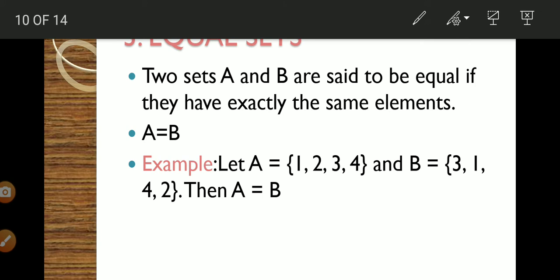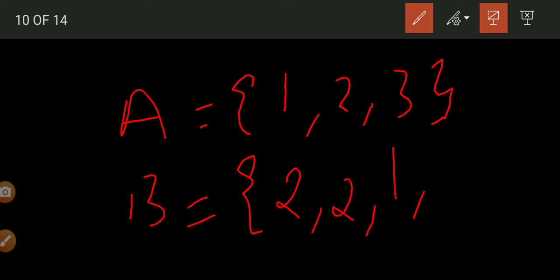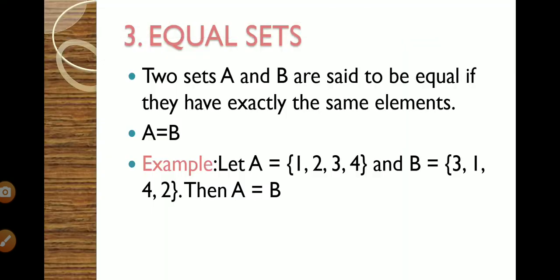For example, if A equals 1, 2, 3 and B equals 2, 2, 1, 3, 3, this is also equal, because the set does not change if elements are repeated. The numbers present in set A are also present in set B, that is fine. We call it an equal set.